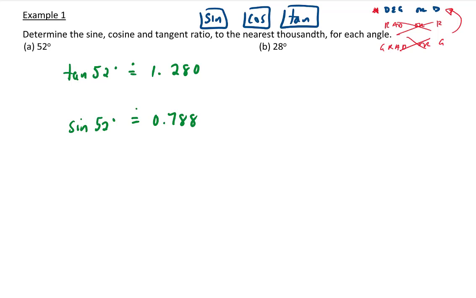And if I type in cosine of 52 degrees, you should end up with 0.616. If you don't get these numbers, let me know and we'll try to fix the problem.